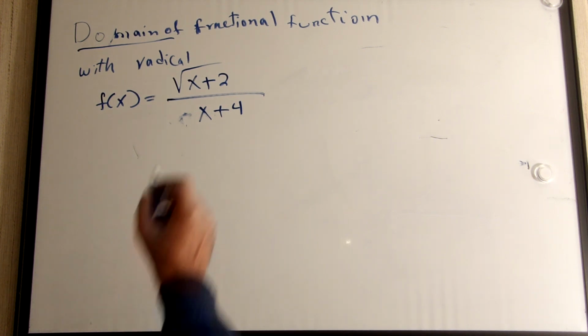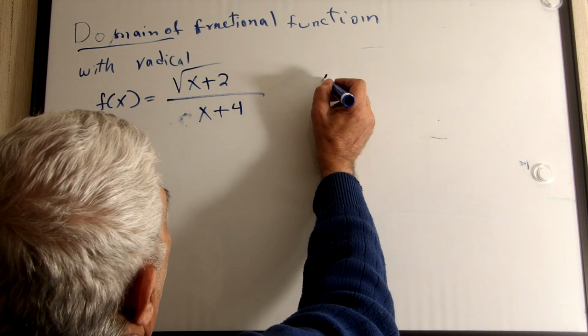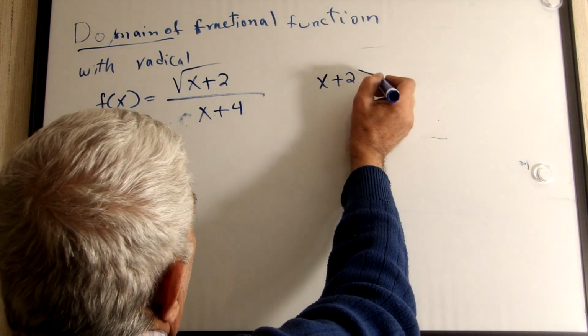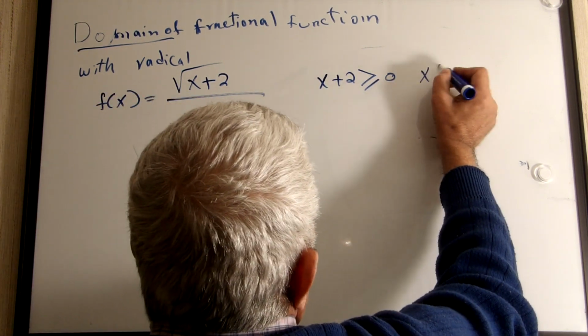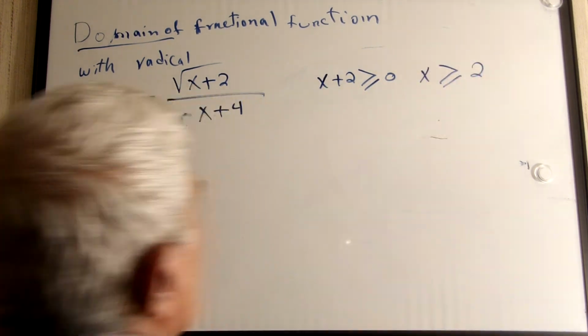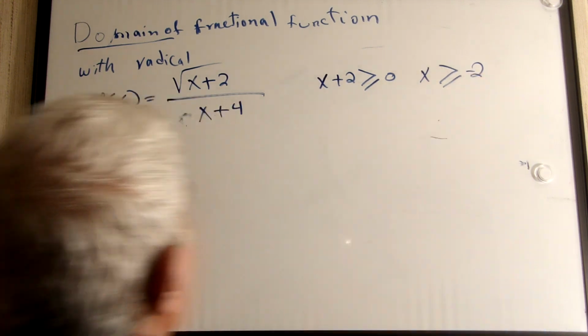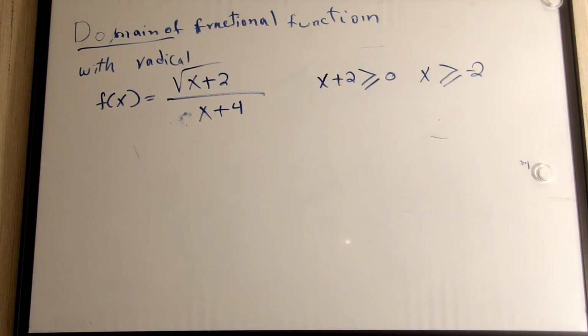Okay, we said x plus 2 has to be larger than or equal to 0. So x has to be larger than or equal to minus 2.